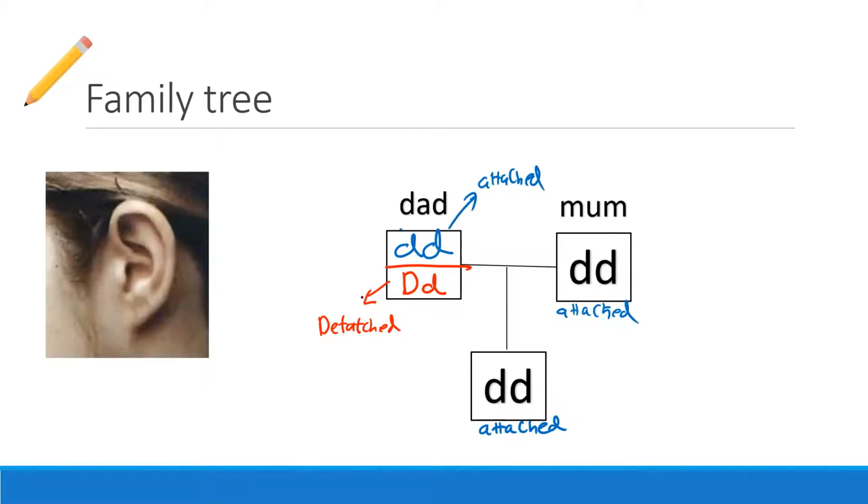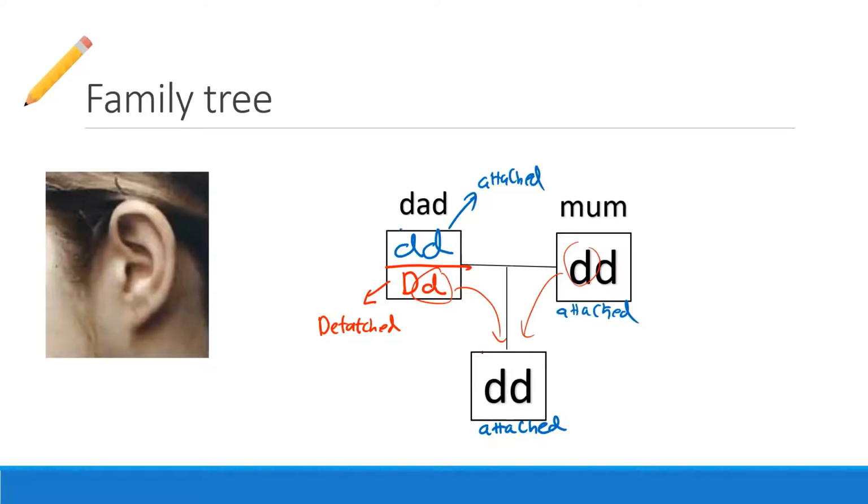Yes, because even though the father has a detached dominant gene and a recessive attached gene, it is possible for him to have a daughter with an attached gene because he could just give that lowercase allele, that copy of his DNA.